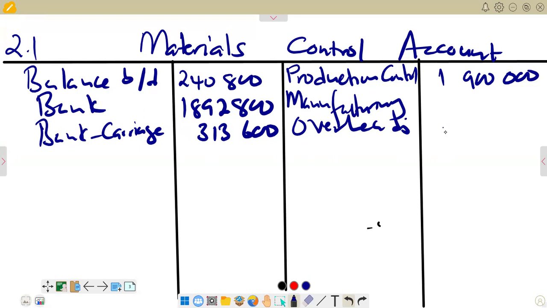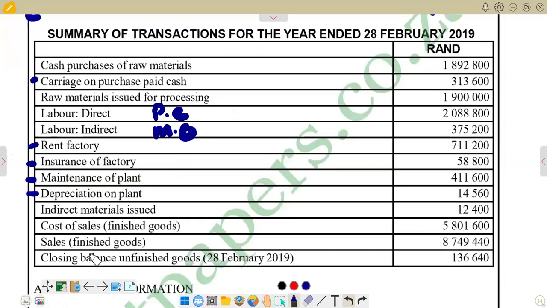The amount that we have there is 12,400. So we can try to see what we have next after that.